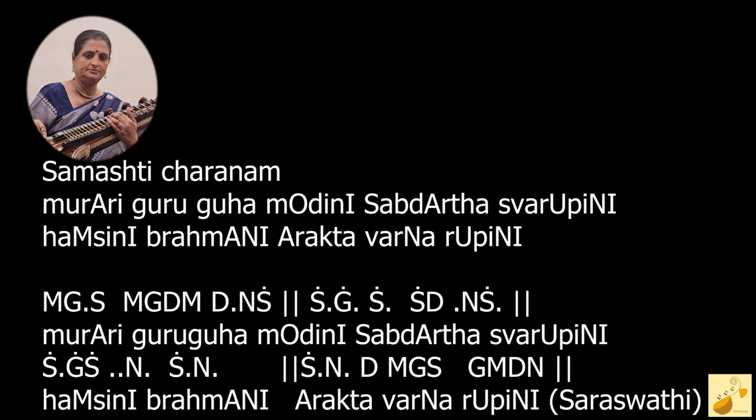Sabdhartha sadhani sa. Sada, again double strike in sa, one for sa and one to come to da. Sabdhartha swarupini. Once again this particular line, Murari Guru Guha Modini Sabdhartha Swarupini.